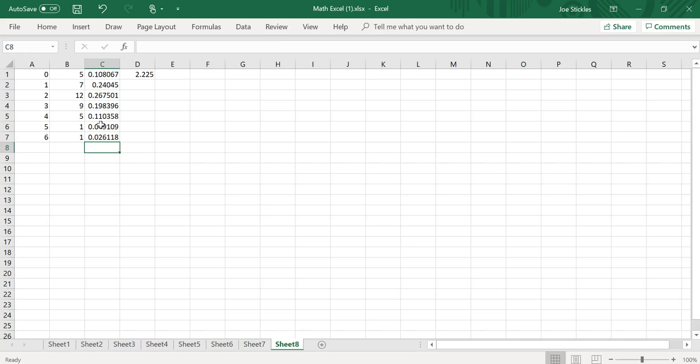To do expected now, how do I use the probabilities to find the expected number? What do I do? How many total observations were there in this problem? 40. So what do I need to do with those probabilities to figure out expected number? I've got probabilities.